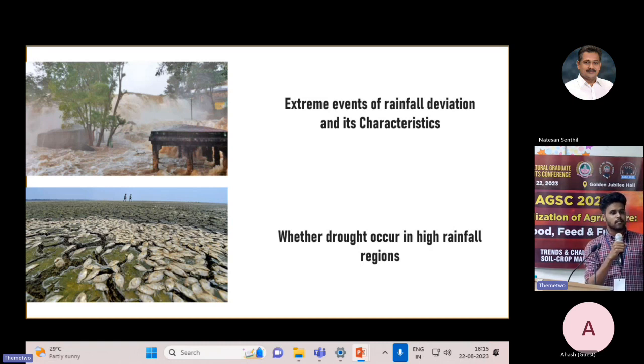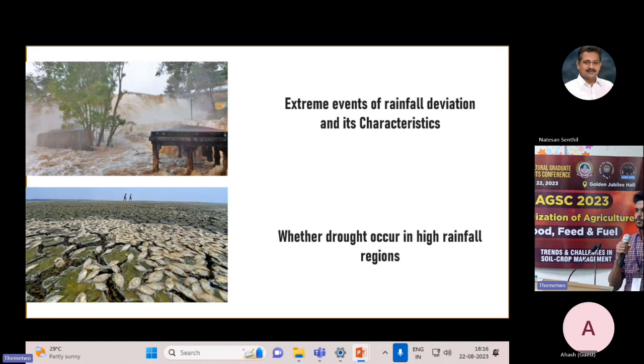Then we have a doubt whether drought occurs in high rainfall regions. Yes, of course it occurs. We can take an example. In 1 year, 200 mm rainfall is recorded. In another year, 1500 mm rainfall is recorded. But when we average it, it shows a normal rainfall, though drought occurred in the past year.